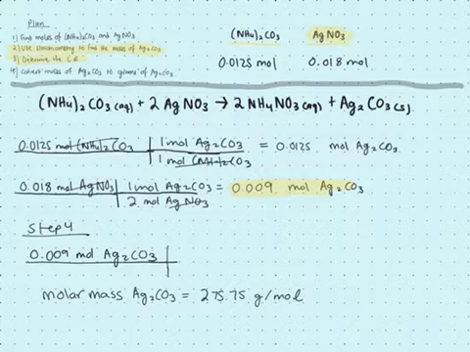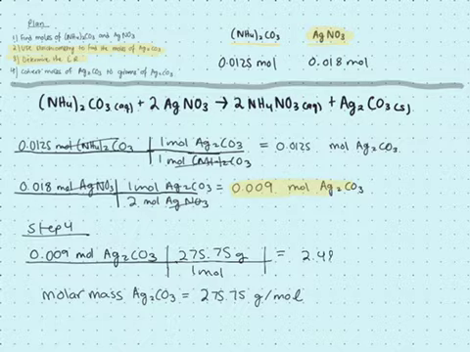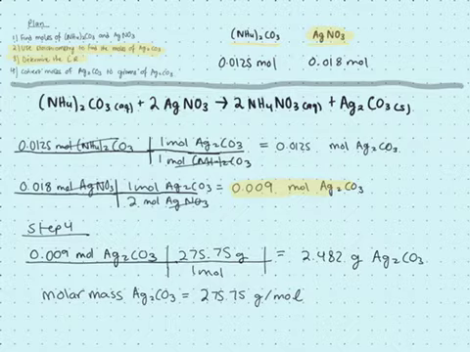So we want grams on the top and moles on the bottom so the moles can cancel. So 275.75 grams in 1 mole, and that's going to give us 2.482 grams of silver carbonate. So this is the answer for part A.